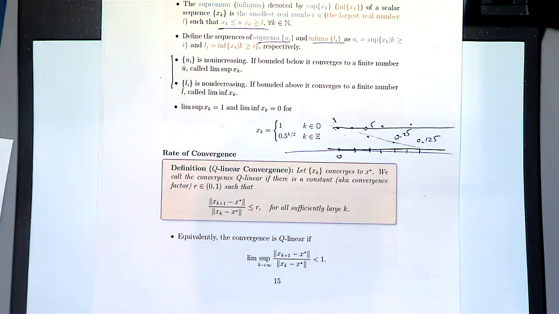Let's assume that a sequence converges to x star. So we spent a lot of time showing that something converges to some limit point, x star. We call the behavior of the convergence Q linear if we can show this ratio is less than r, and r is less than 1. So what does it mean?